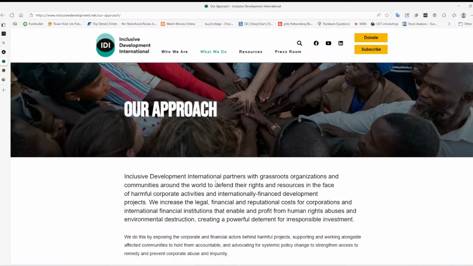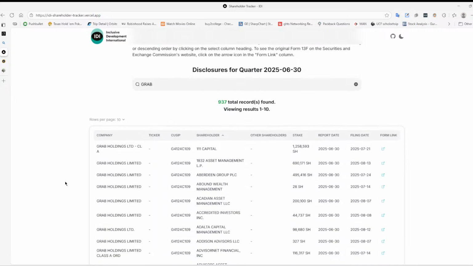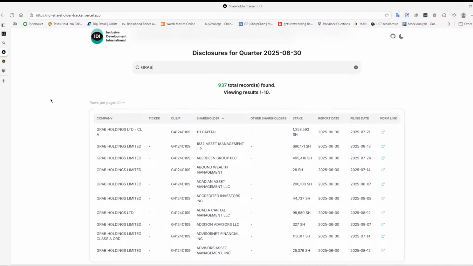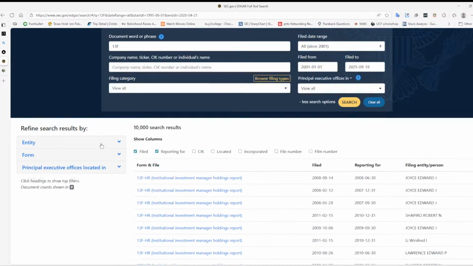So Inclusive Development International partners with grassroots organizations, communities around the world to defend the rights and resources faced with harmful corporate activities. And okay, so let's say I type in Grab. This is cool. Pretty cool. All right, so okay, that's one.